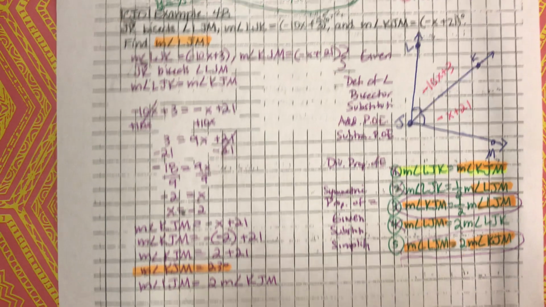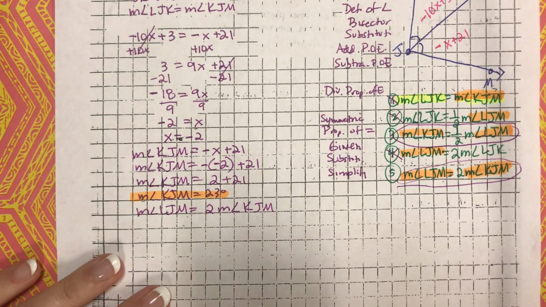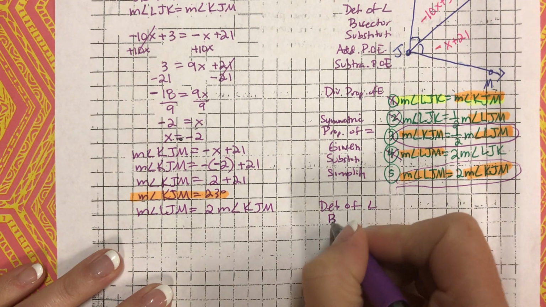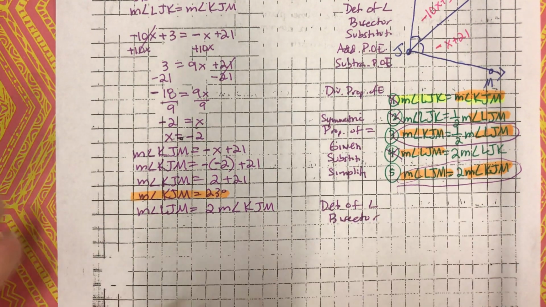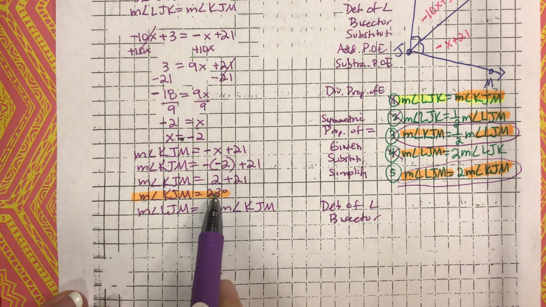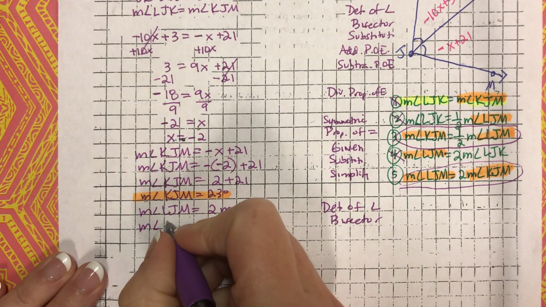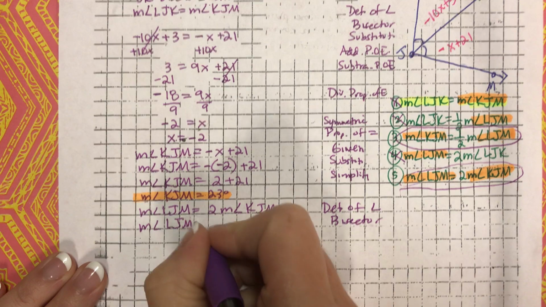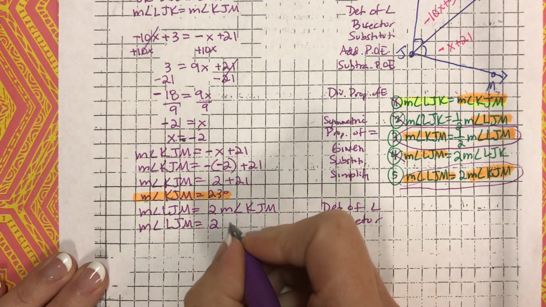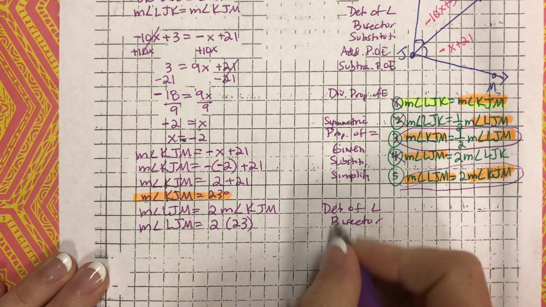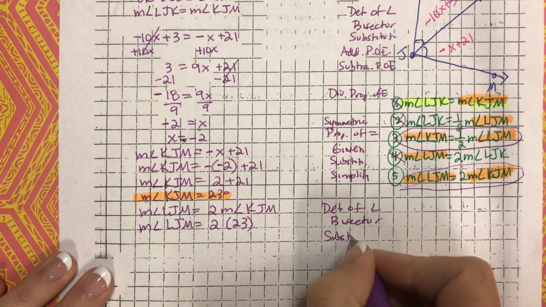And I can use that equation because of the definition of an angle bisector. Once I have that, I'm just going to substitute 23 in here. So I have the measure of angle LJM is equal to 2 times the measure of 23, because this equals 23 degrees, and that's just substitution, right?